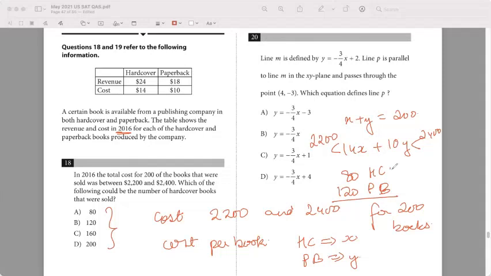So the cost for 80 hardcover books is 1120 and 120 into 10 is 1200. So the total cost comes to 2320 in this combination, which is indeed in this range, 2200 to 2400. And so the answer should be A.